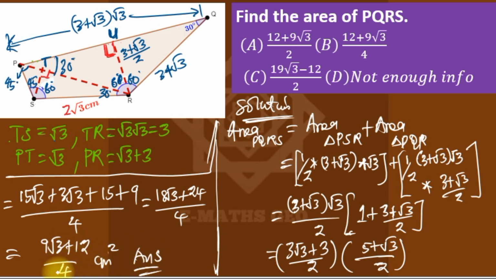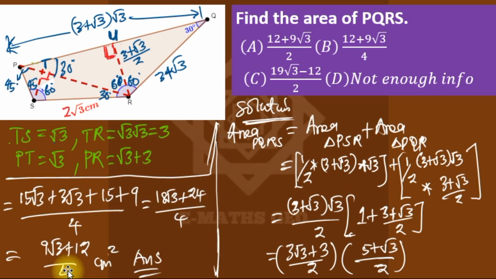This should be 2, sorry, because we divided both the numerator by 2. So the answer is option A. So it's a very tricky question. So thank you.